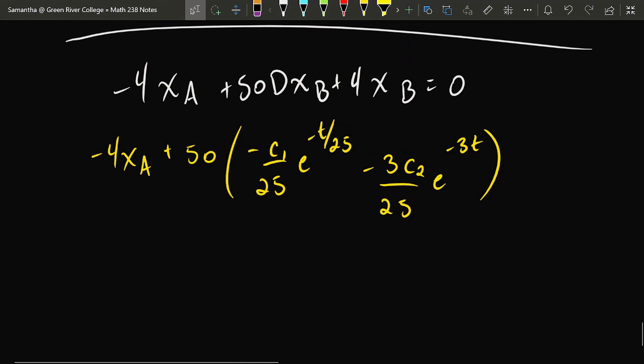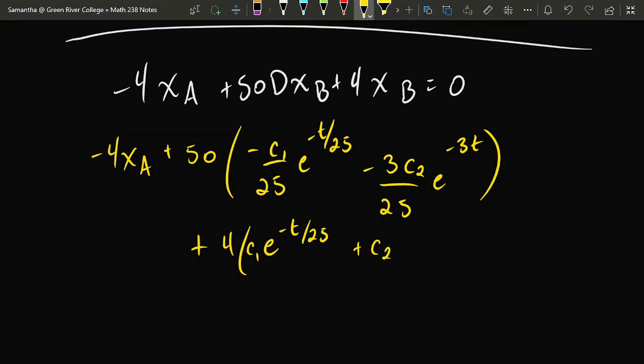Multiplied by 4 times the original equation x sub b, oh, almost forgot the over 25 here.